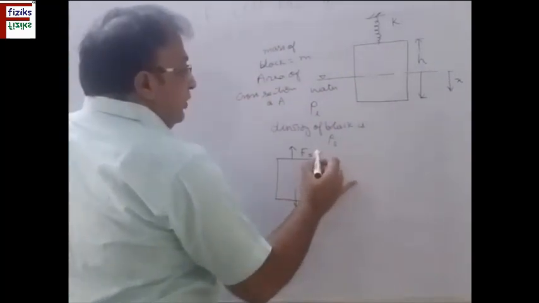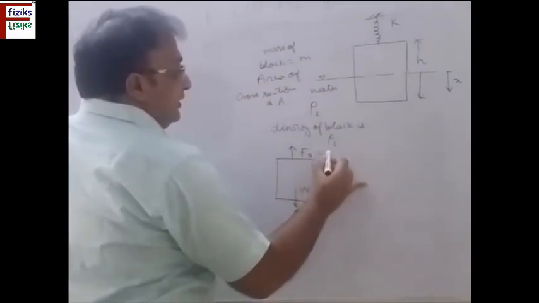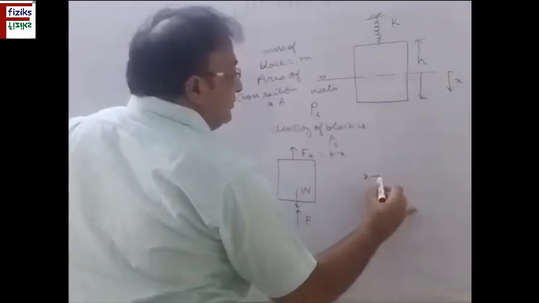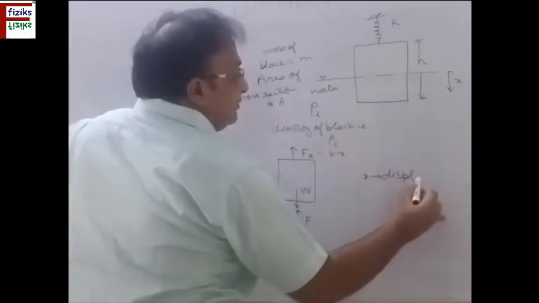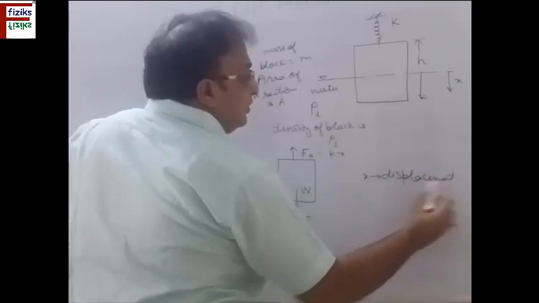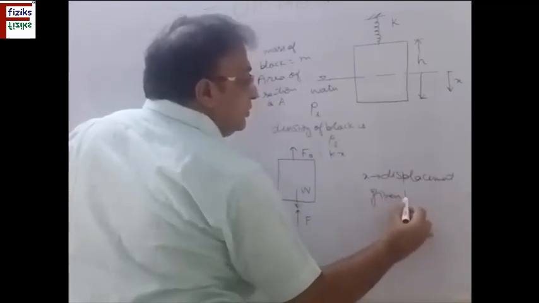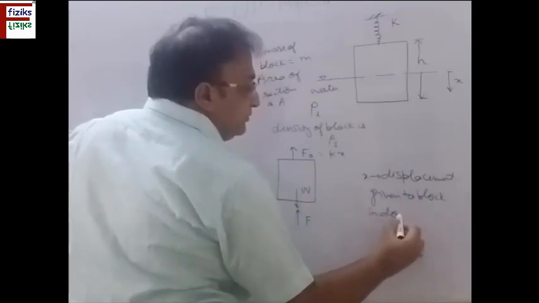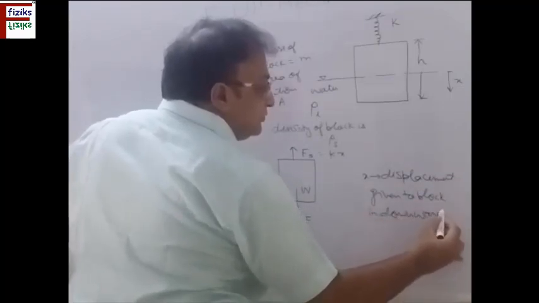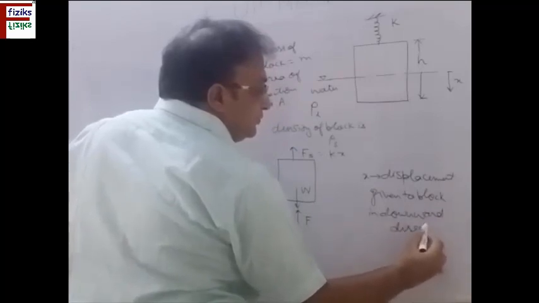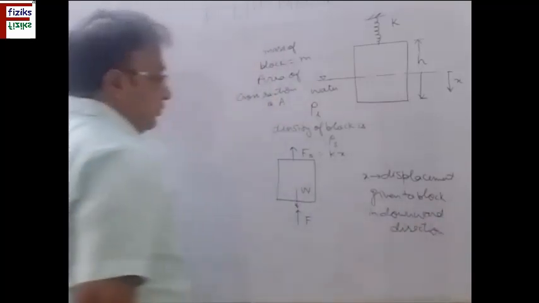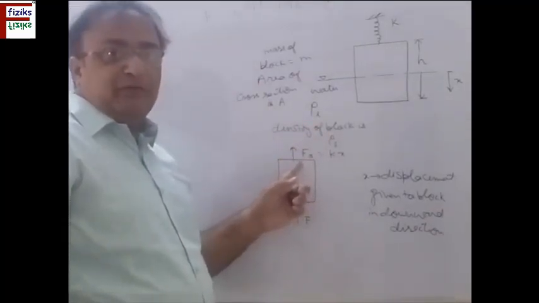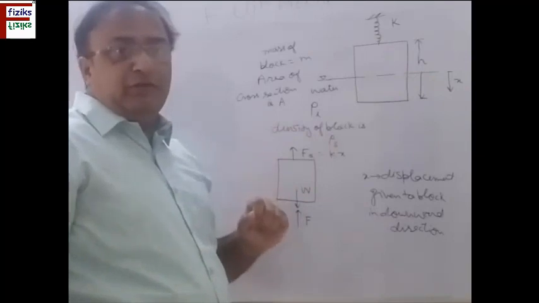The spring force now acting in upward direction is K times x, where x is the displacement given to the block in downward direction. So there is a change in spring force, an additional spring force, which is equal to K into x.